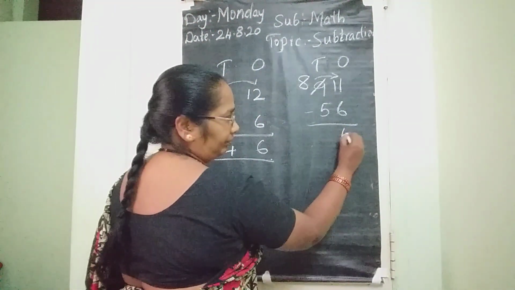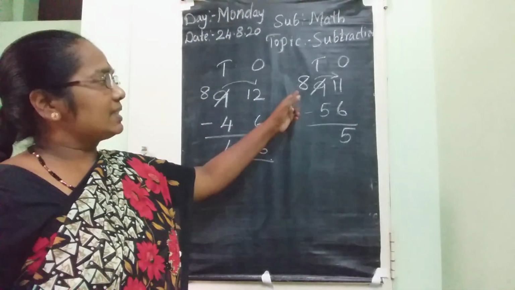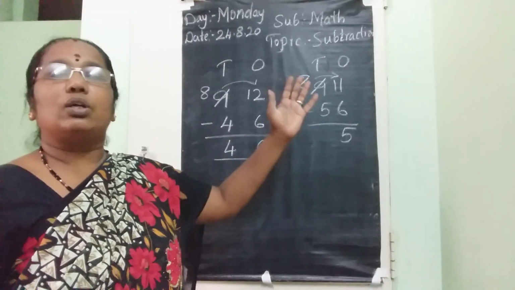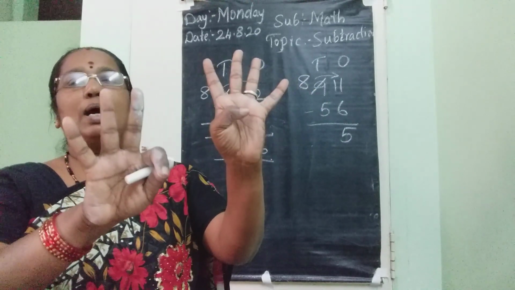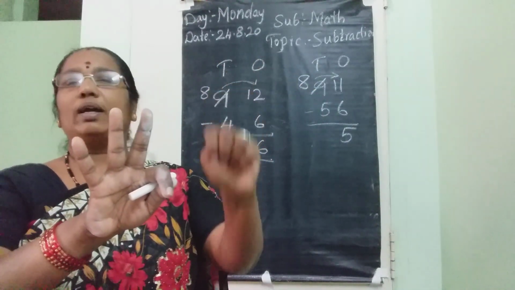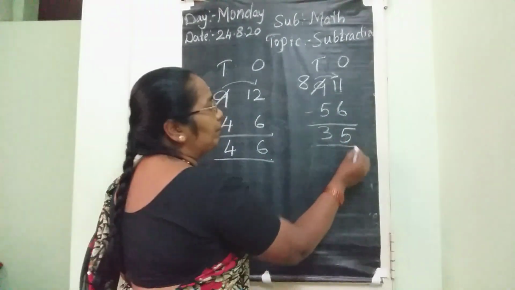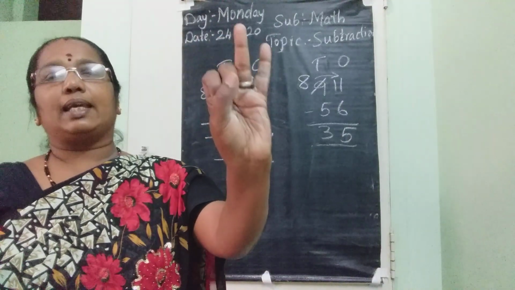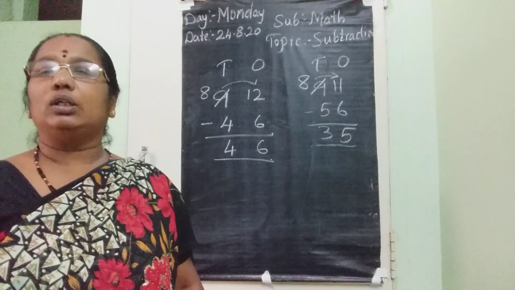So 5. Now this I can do as it is because 8 is greater than 5. 8 minus 5: 1, 2, 3, 4, 5. You get the remainder as 3. Or you can go for back counting: 8, 7, 6, 5. Yes, I got 3.